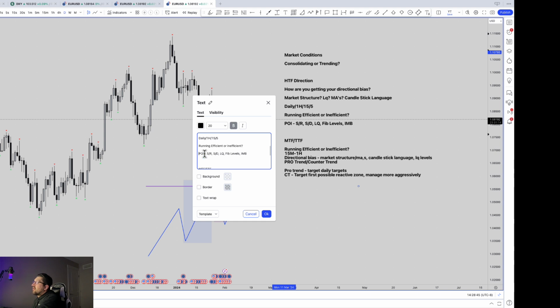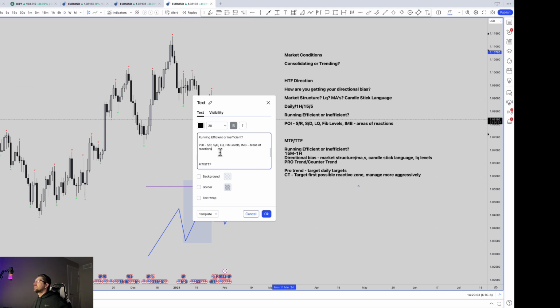So these are all points of interest, possible reactional areas. These are areas we'd expect reactions. Again, different for different strategies, areas of reactions.